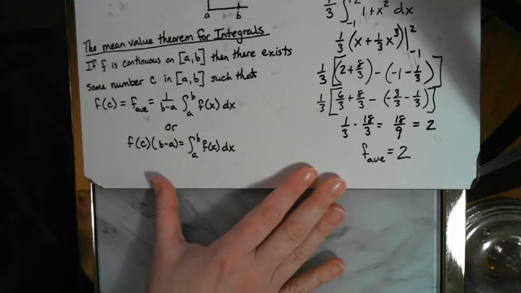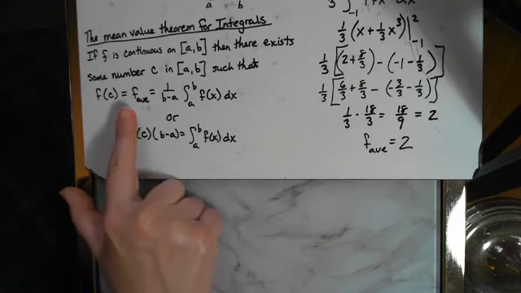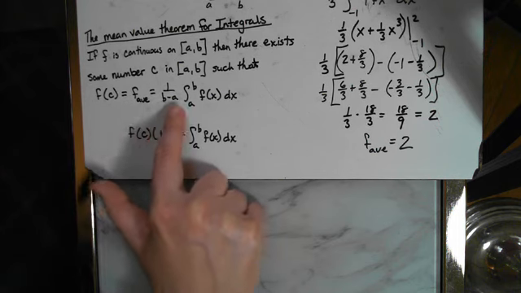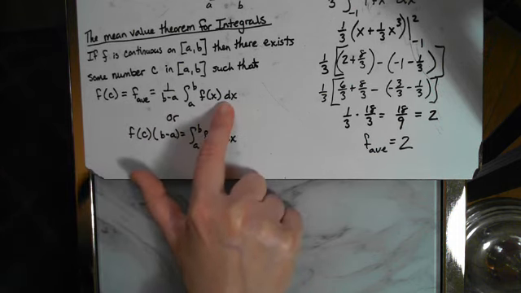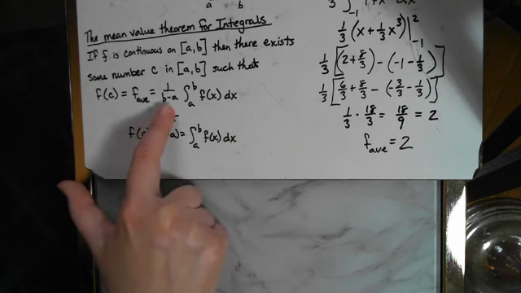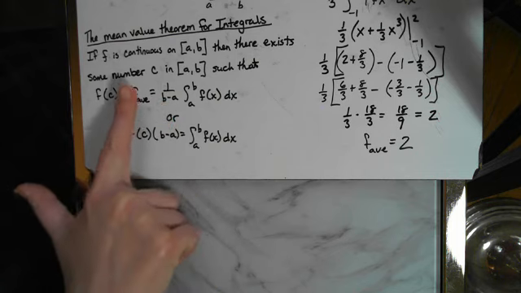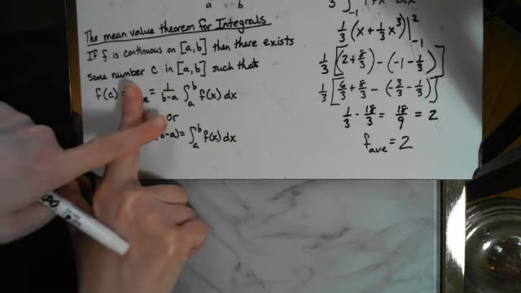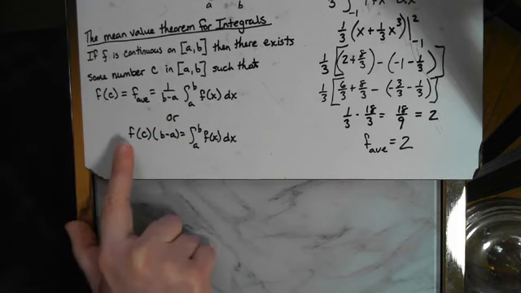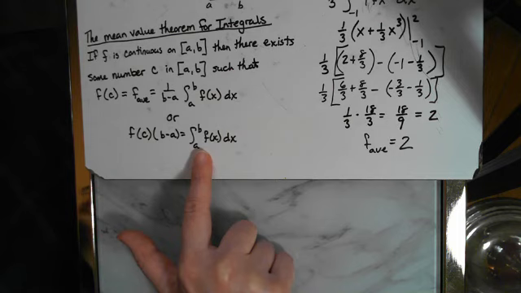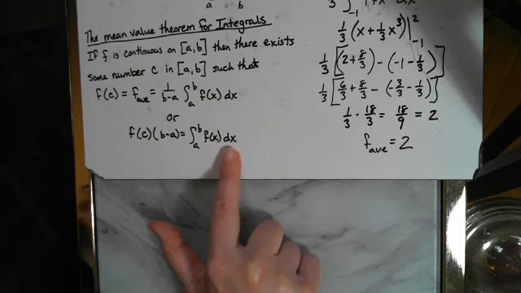Notice they've given us two definitions here. f of c equals the average value, which is this, and they've also given us this. On both sides of the equation, they've multiplied by b minus a just to get rid of this fraction. So f of c times b minus a equals the integral from a to b of f of x dx.